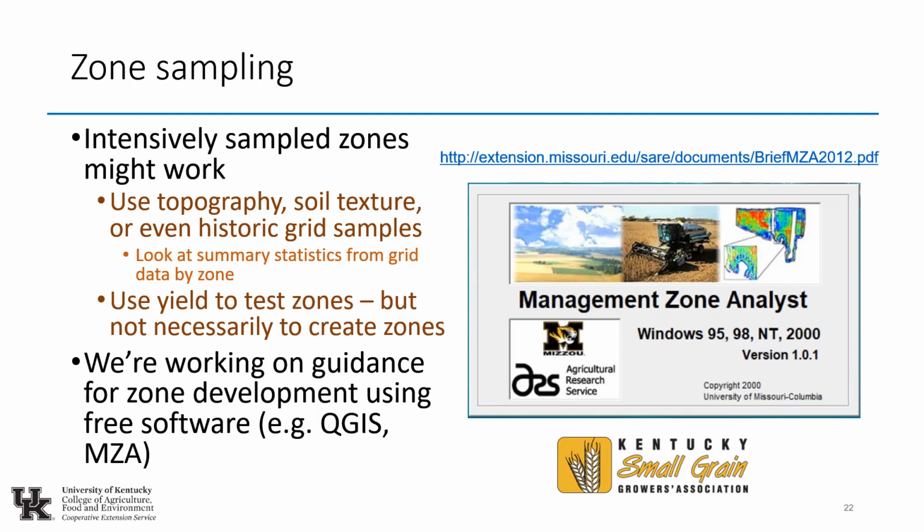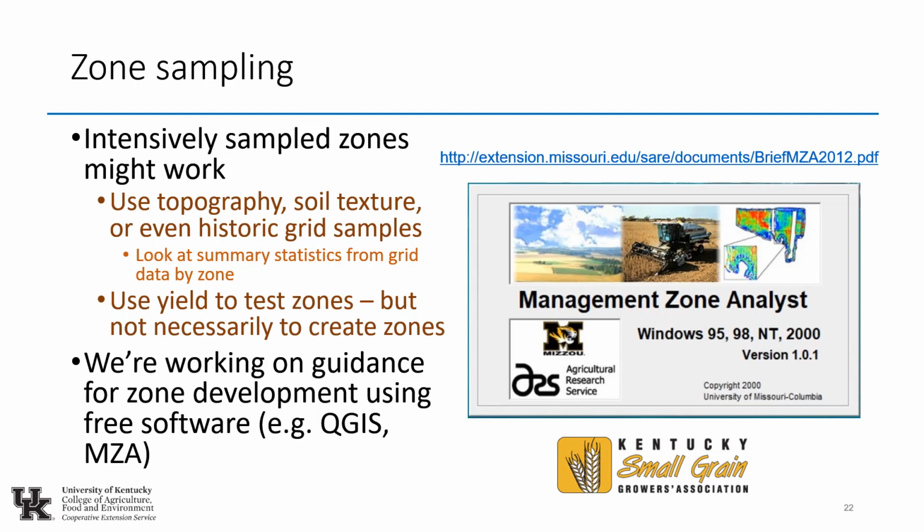Maybe you have historic grid sample data. You can bring that in and bring it into a statistical package that looks through these layers. So it looks at slope and aspect and elevation and texture and even the soil map from Web Soil Survey. And it drills through there and looks for relationships of when these factors are moving together and then breaks it up into zones.